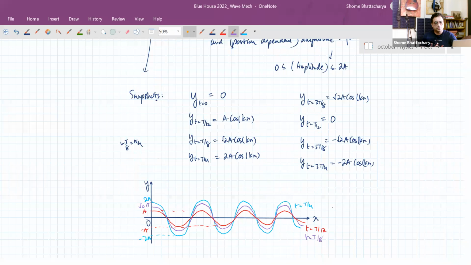Then it comes back to this shape at 3T by 8, then it comes back to 0 at T by 2. Then it also goes to minus of this kind of term.